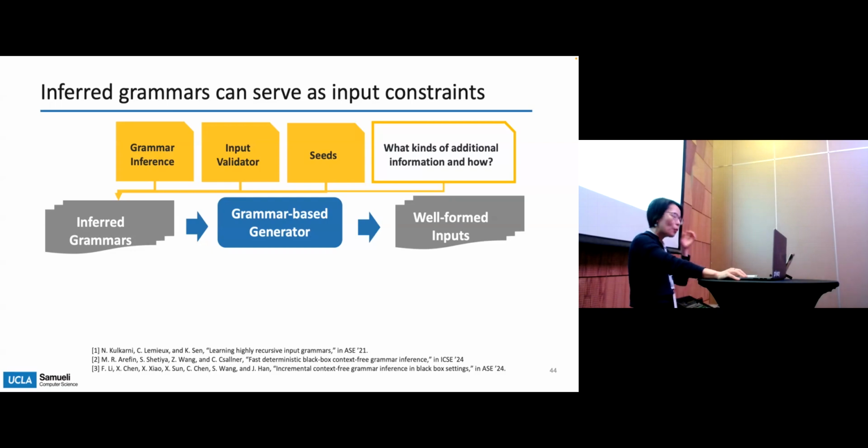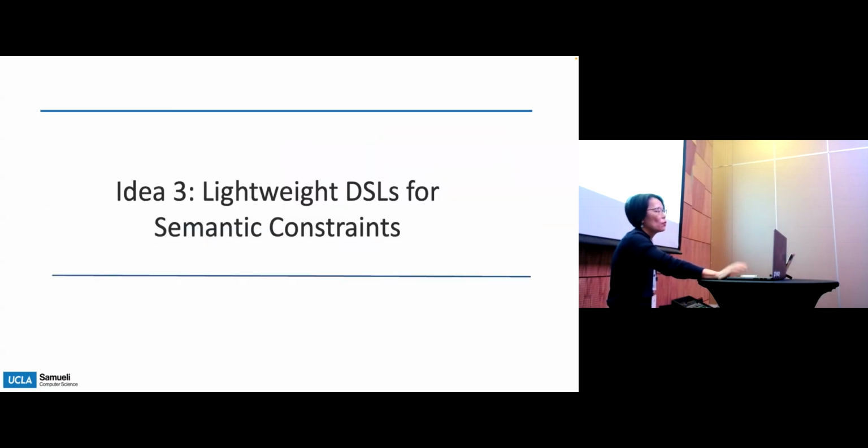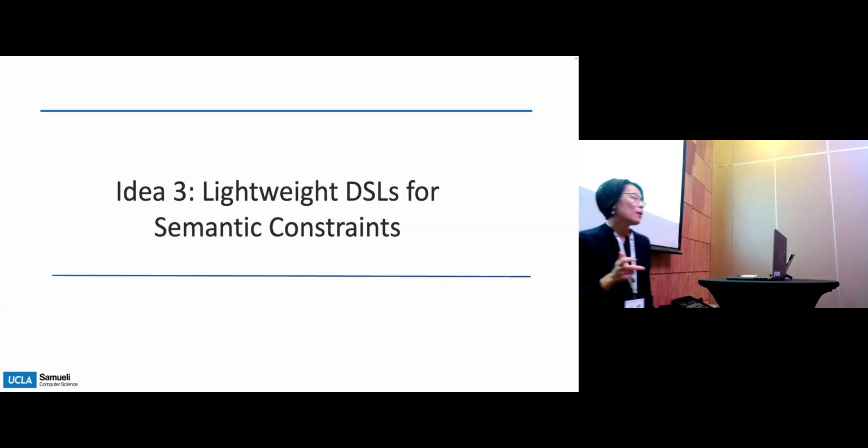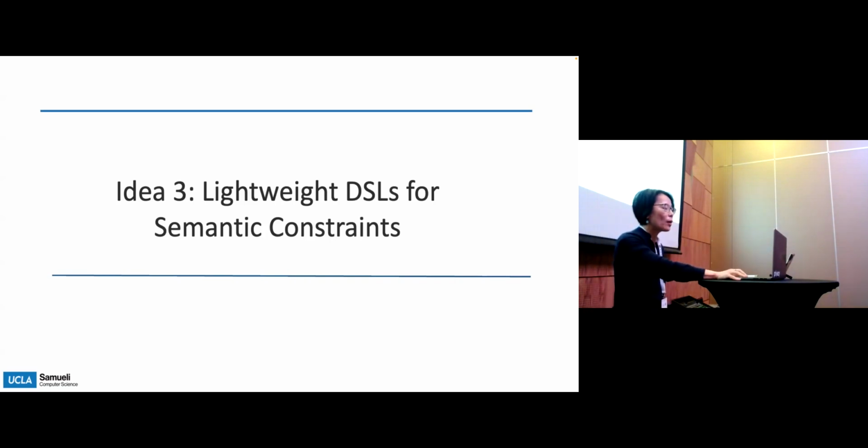Our group also has some ongoing work in this domain, but I really think we need to come up with a grammar that could serve as an input constraint. The third idea is a lightweight DSL for semantic constraints. Many of you attended some of the presentations yesterday, like Fandango and other related work going on concurrently.